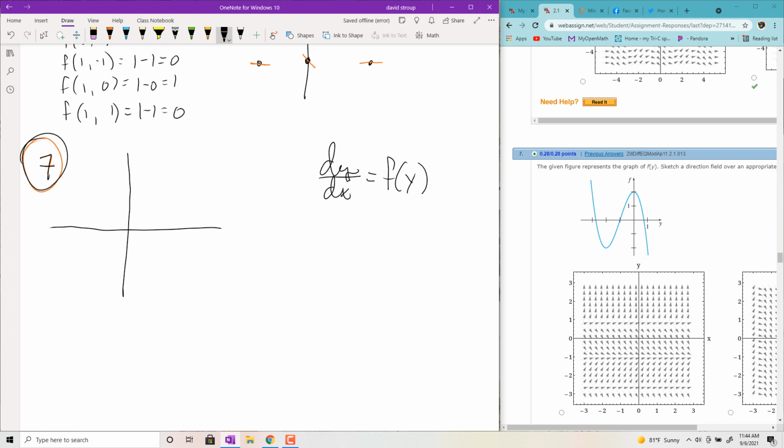Okay, so let me try to sketch the function here. Going up to 2, maybe down to 2, and it looks like it's starting up and then hits the x-axis and then goes back up. Whoops, it goes through 1. Let's try that again.